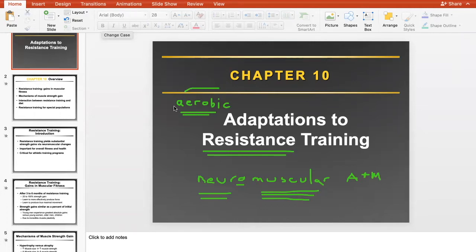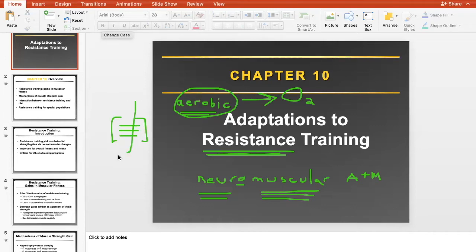Next chapter, we'll talk about the adaptations to aerobic training, and that'll all be adaptations to promote the utilization of oxygen. If you're doing resistance training, especially at a particular intensity, we're assuming that your actin and myosin at some point, because of your intensity, is going to start to get broken down and destroyed.